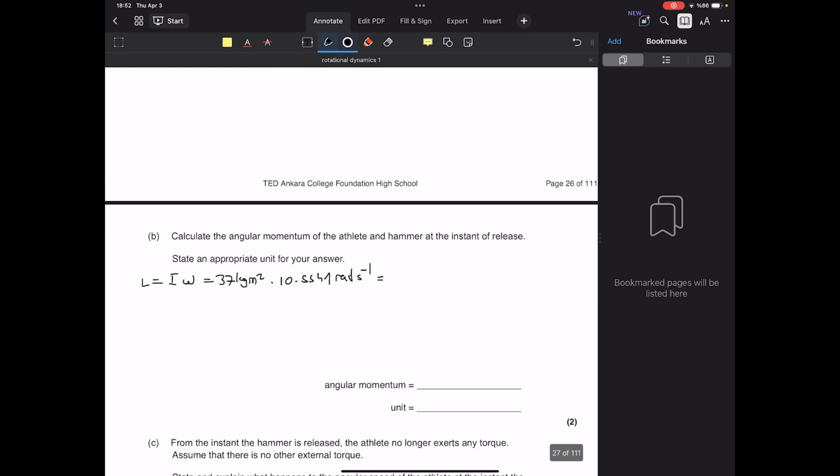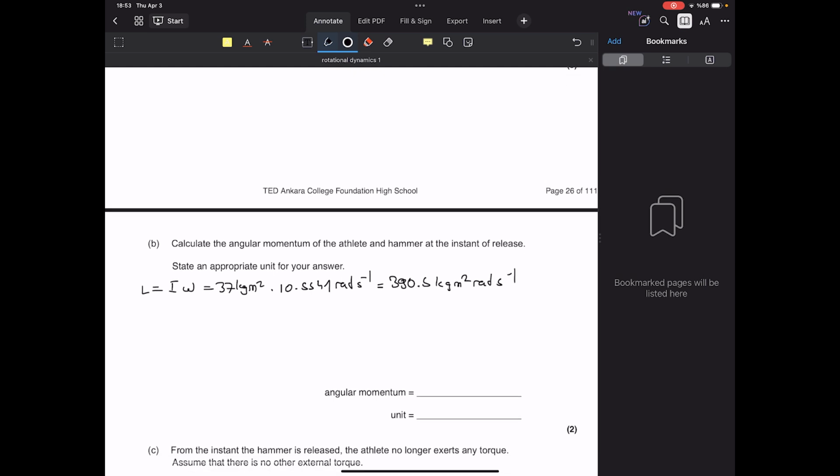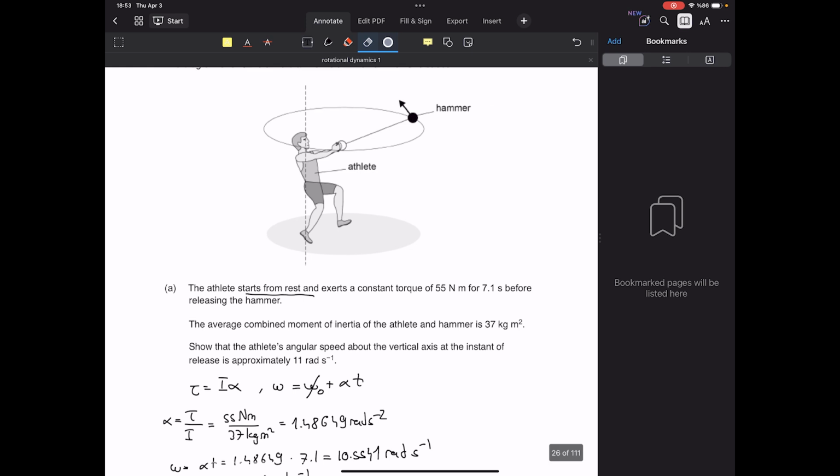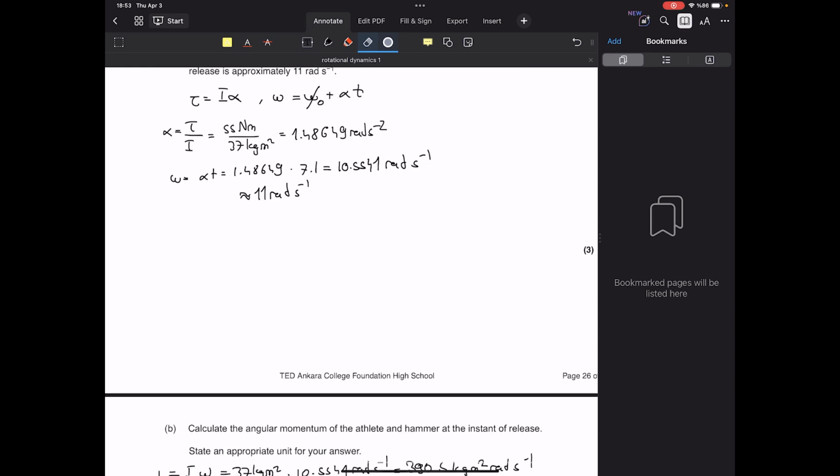So this is going to equal, let's see, that times 37, which equals 300.5 kilogram meters squared radians per second. You can also calculate this by multiplying torque by the time taken. So that would be 55 times 7.1, which is equal to indeed 390.5.